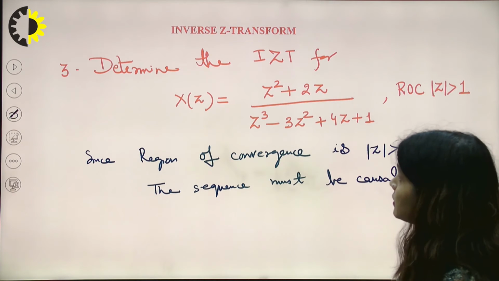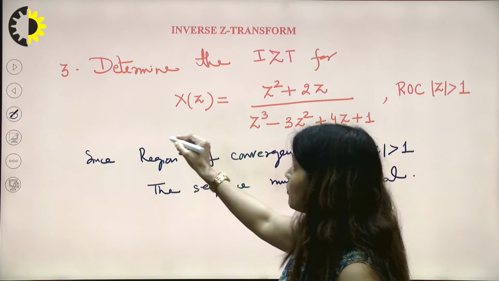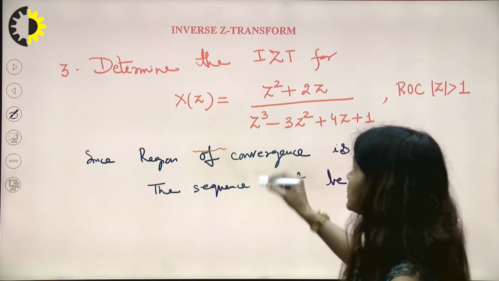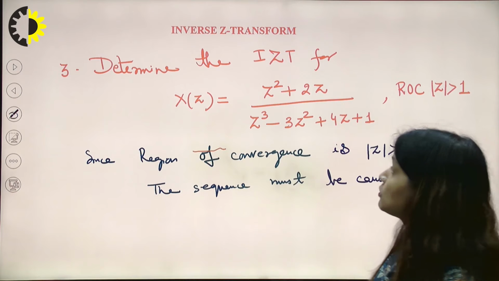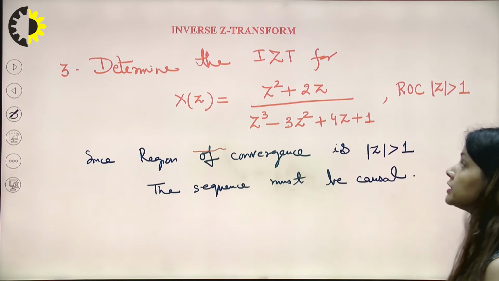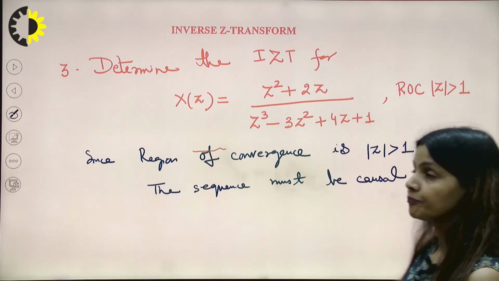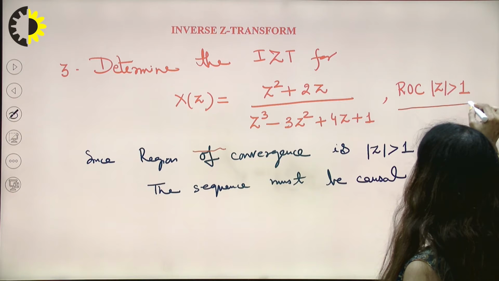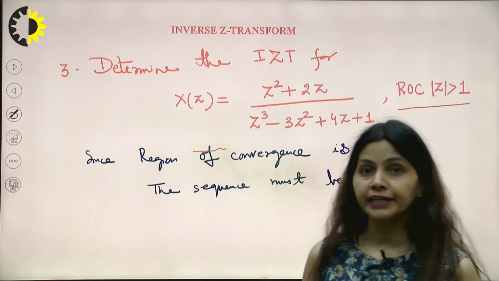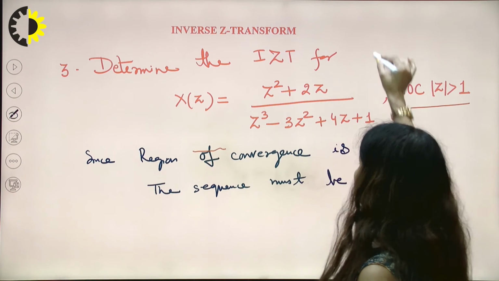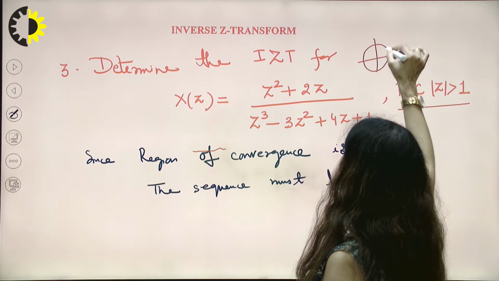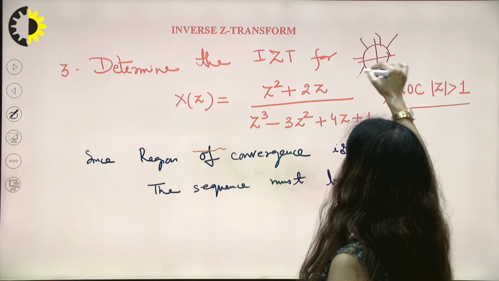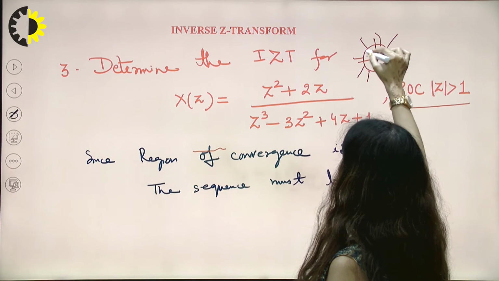Let us consider one example where X(z) is given as z square plus 2z upon z cube minus 3z square plus 4z plus 1, and the ROC is defined as mod z greater than 1. That means the ROC is outside the unit circle of radius 1.